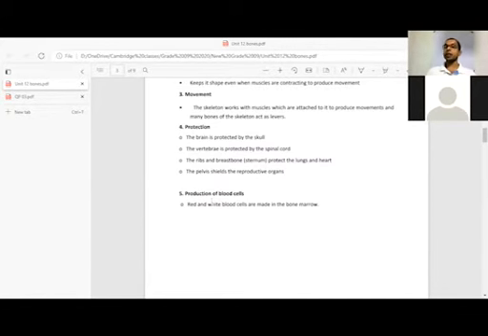And protection. This is very important. How? The brain is protected by the skull.